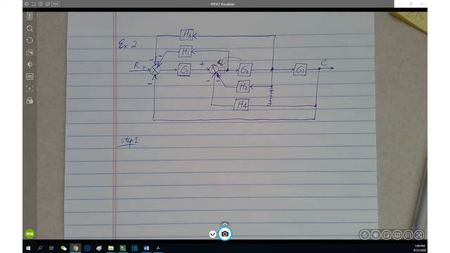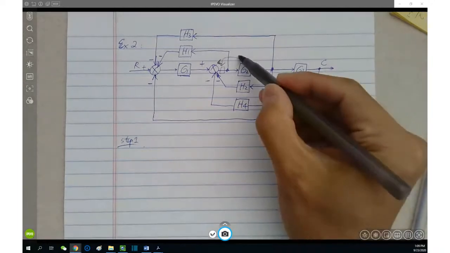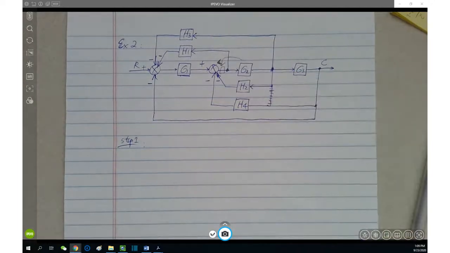So you can move over the pickoff point, do all the algebra, and then move over the summing junction and do the algebra again. Absolutely, that's considered two steps, and that's absolutely fine. At a time, I said you can't move over more than one.